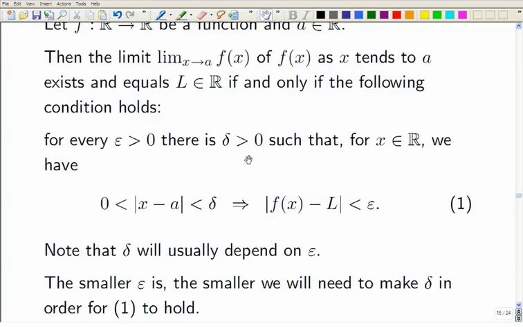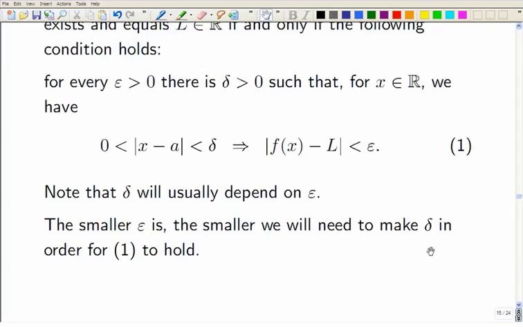That would be a very powerful statement: it would tell you that you were exactly equal to L for all values nearby. But I'll leave you to think about that. If you swap the for every epsilon and there is a delta, if you swap those around, you get a completely different statement.